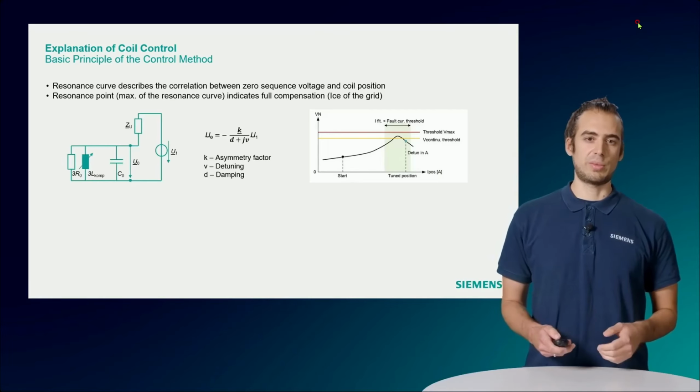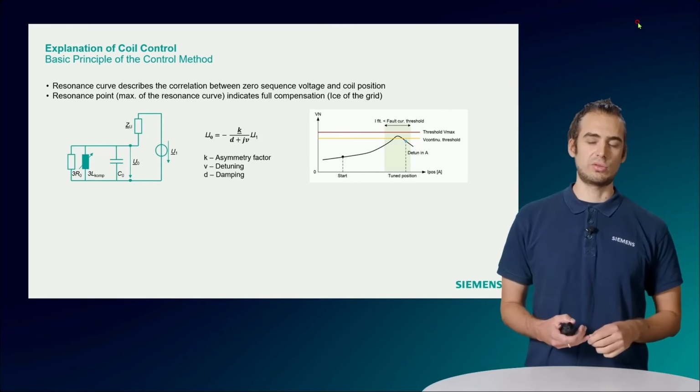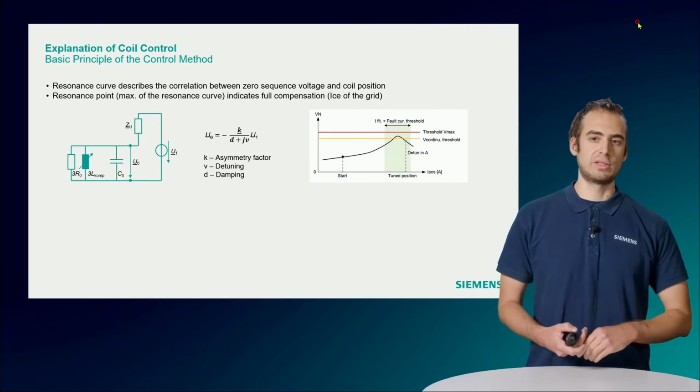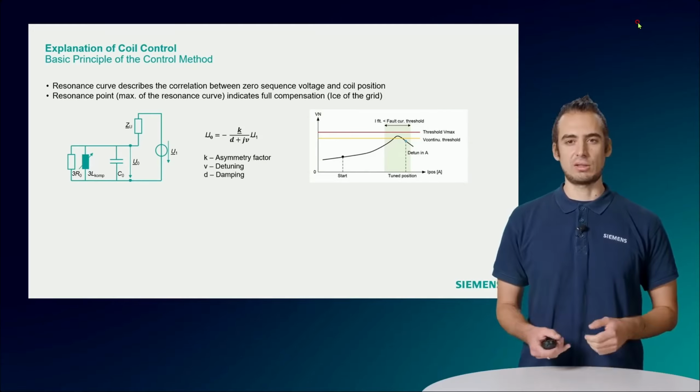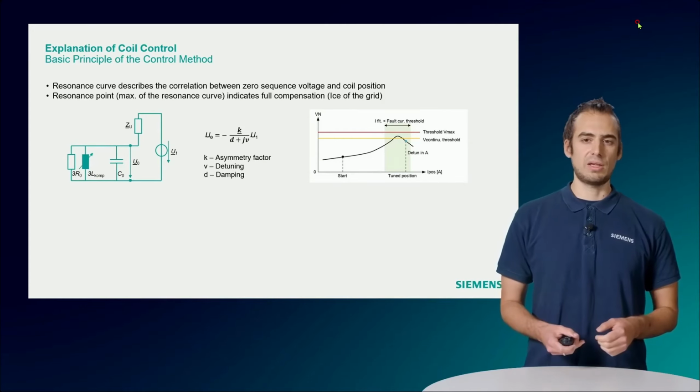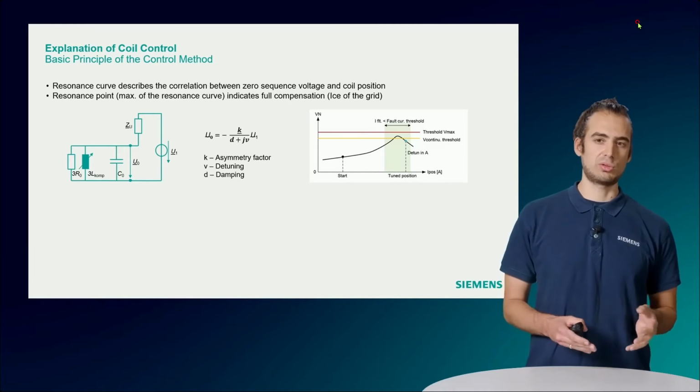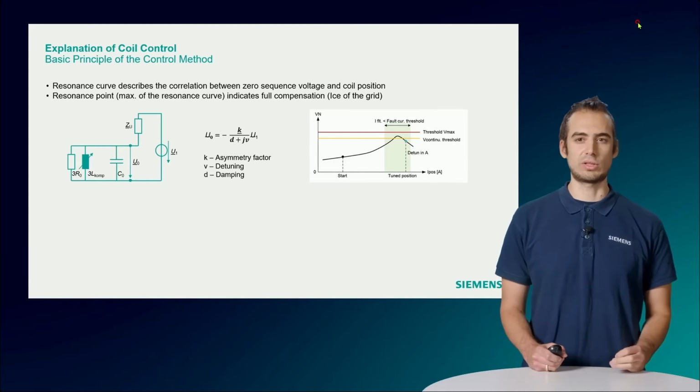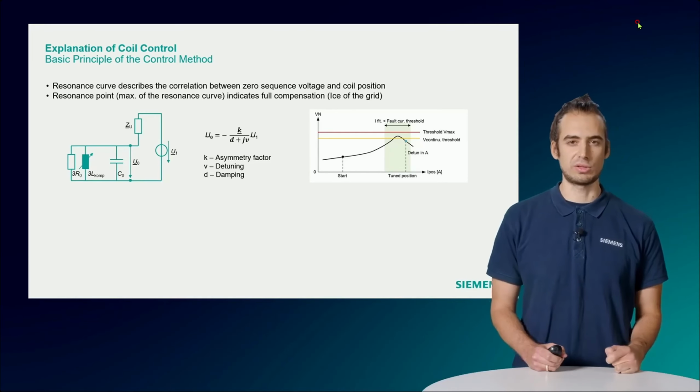We do that by measuring the so-called resonance curve. The resonance curve is the correlation between the zero sequence voltage and the coil position. And we especially want to calculate the so-called resonance point, which is the maximum of the resonance curve.